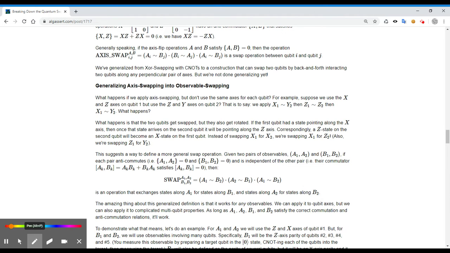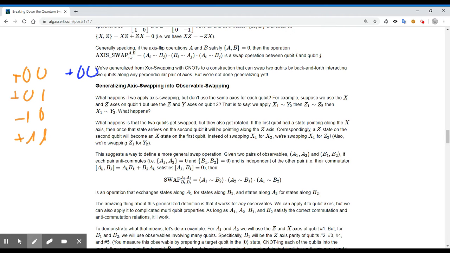Imagine you've got a superposition that is basically 0,0, 0,1, 1,0, 1,1, and you've got maybe that one element phased out, and then the result of the swap is you stay with plus 0,0. You now stay with plus 1,0 and minus 0,1, and then plus 1,1. So you could think of this swap as you've moved the phase around.